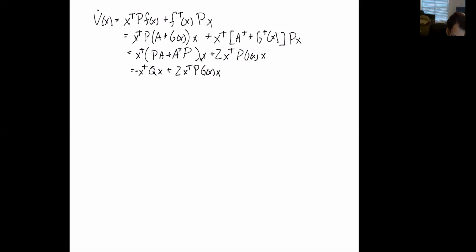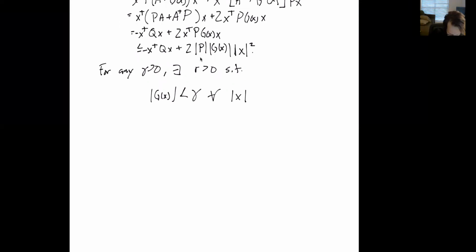All right, and so now we can start upper bounding this. Upper bound this by negative x transpose Q times x plus 2 times the norm of P, the matrix norm, times the norm of the function g times the norm of x squared.